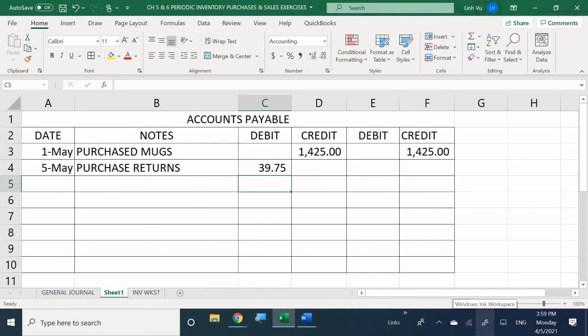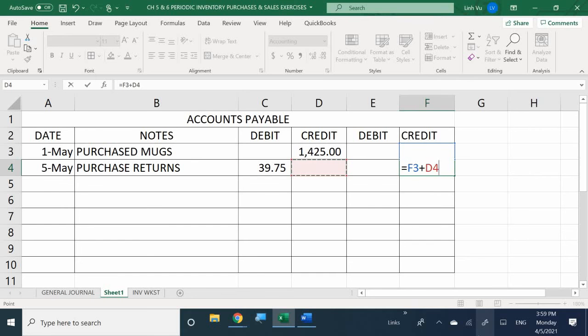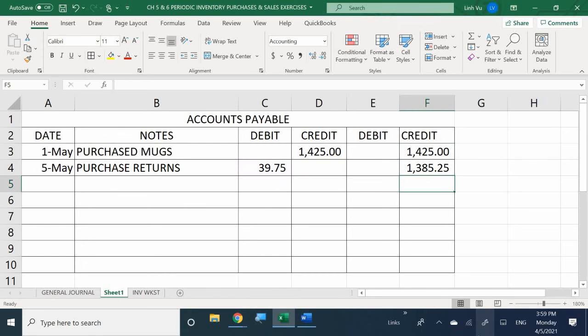Now, this will not be taught until later on, but how we figure out the running balance is that we have to take our previous amount. Any credit will increase my accounts payable, and any debit would decrease my accounts payable, right? So here we're looking at putting in that formula. We recognize that for this particular bill, it's now only for $13.85.25, which is what we calculated down in our inventory worksheet.